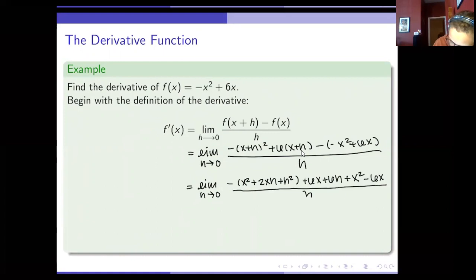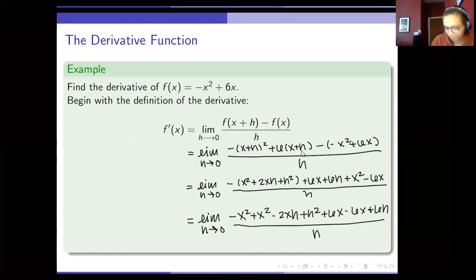all over h. Grouping together like terms, we see we have a negative x squared and a positive x squared, minus 2xh plus h squared, positive 6x minus 6x plus 6h all over h.